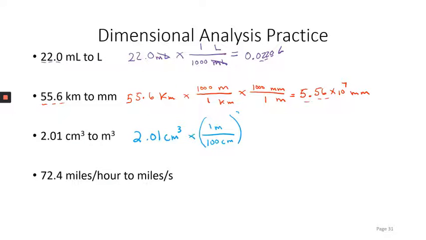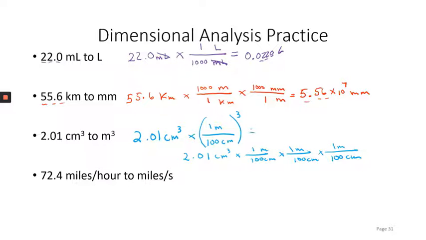And if I cube that all, so that effectively gives me the conversion factor 3 times, which is the same thing.